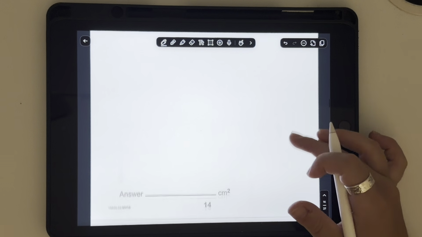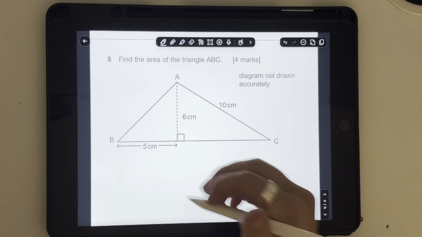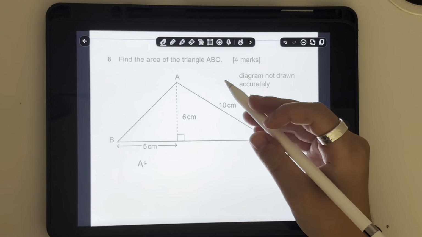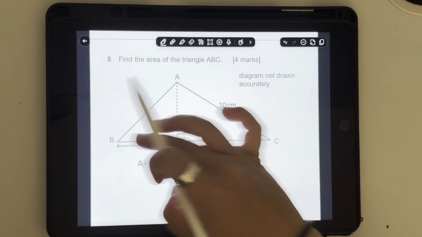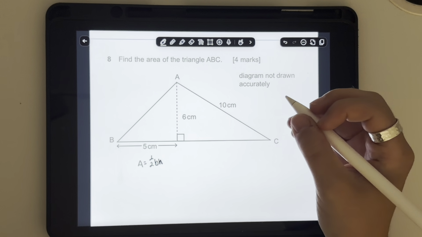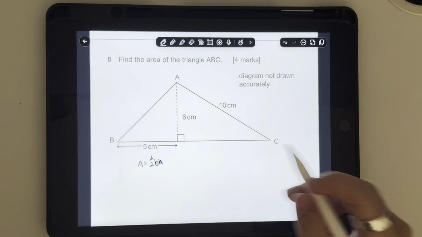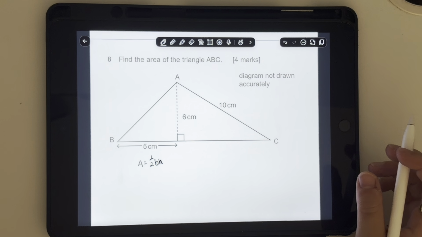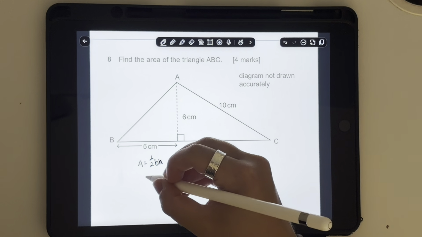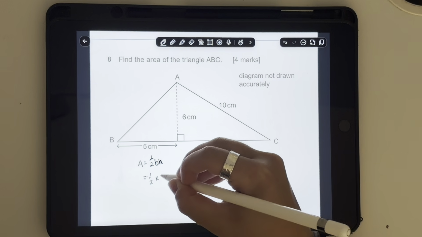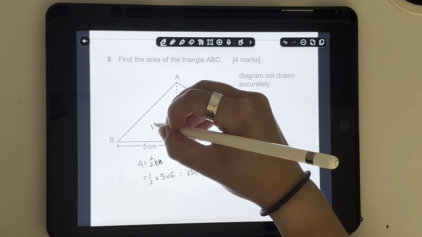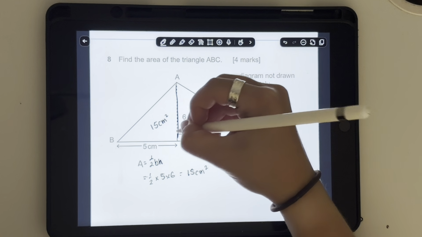Find the area of the triangle ABC. Okay, so A equals half B H. So, what's the easiest way to do this? Okay, I'll just do it this way. I don't know if this is actually the fastest way, but I can't really be bothered to do it any other way. So this one's 15 centimeters squared for this bit.